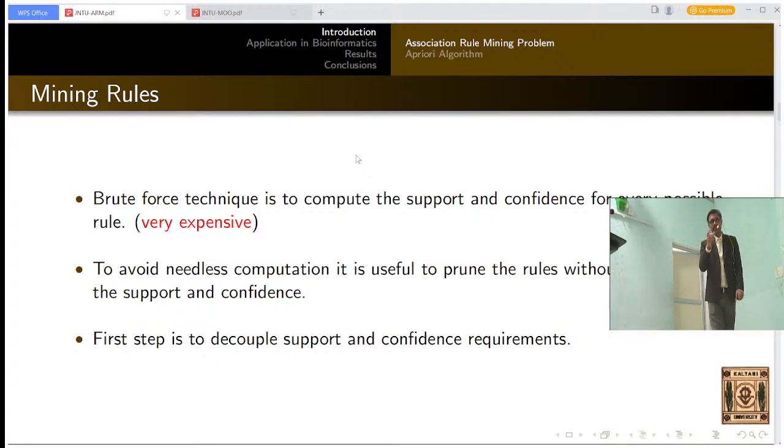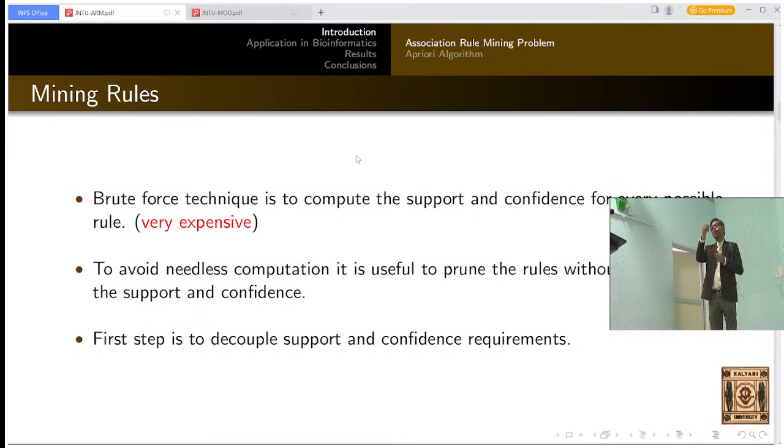Now the first step is extracting all the frequent item sets, that means all the item sets having support greater than or equal to minimum support. The brute force technique is like this: suppose you have n number of items in the data set. You generate all the item sets one by one, compute the support of the item sets, and then choose only those which satisfy the minimum support threshold.